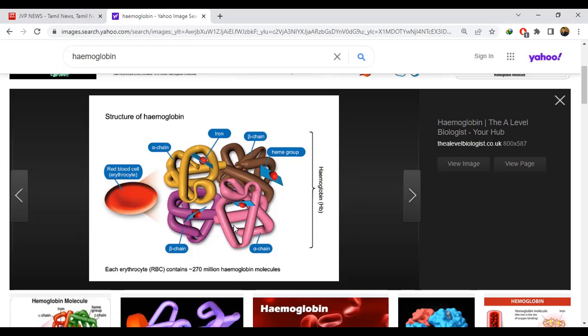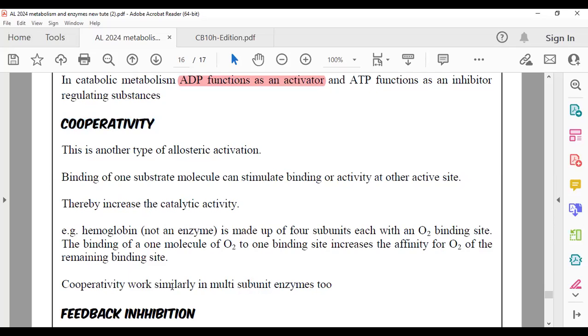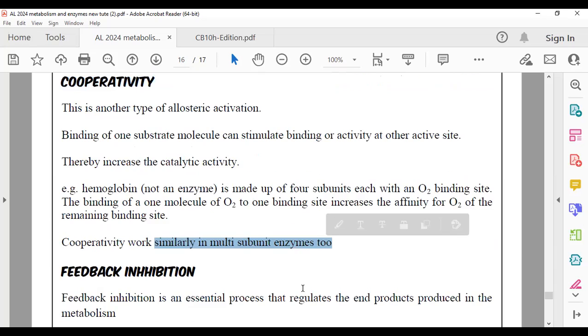No. So what your examiner tells is, finally, cooperativity similarly works in what is it? Multi-subunit enzymes too. Like that, he is closing it.